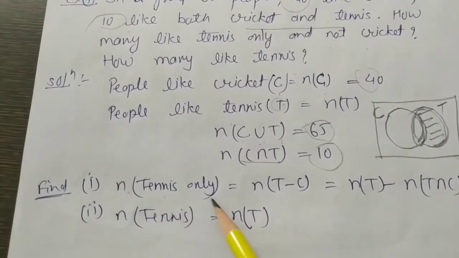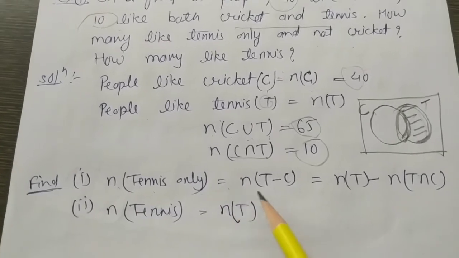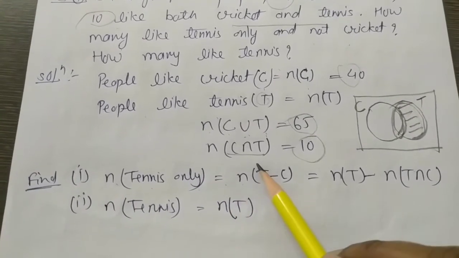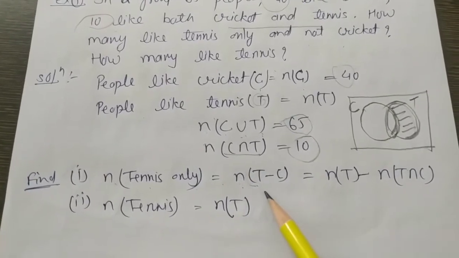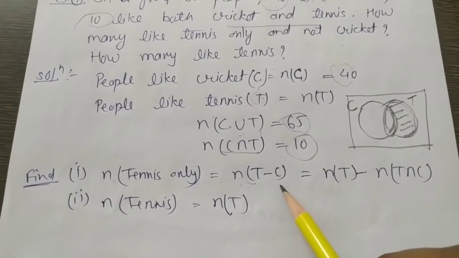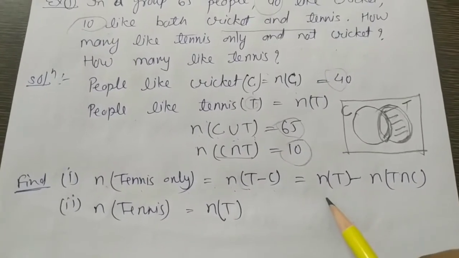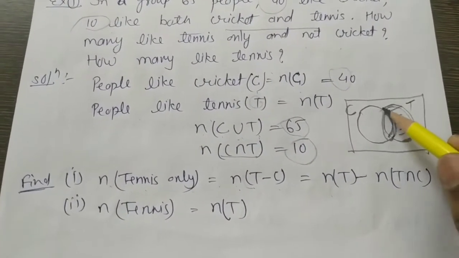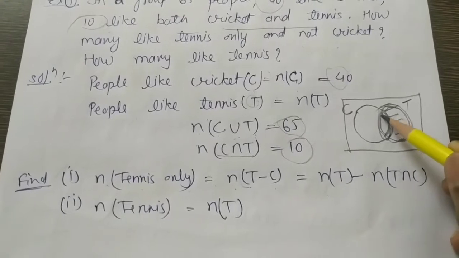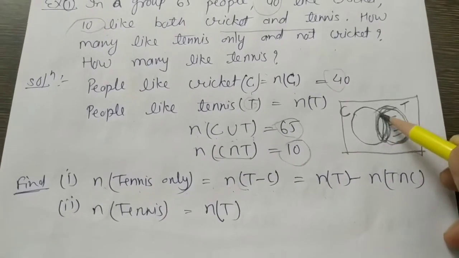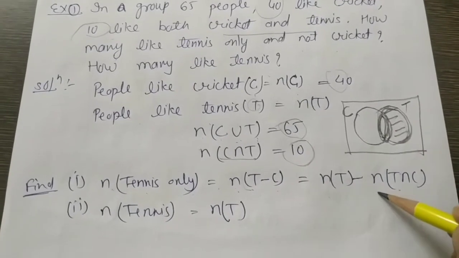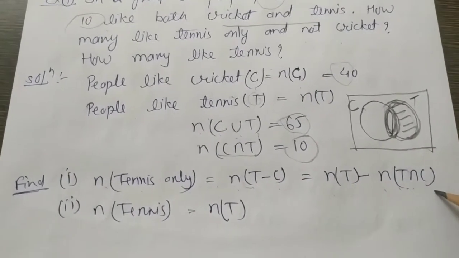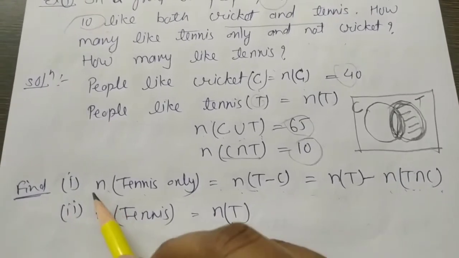The number of people who like tennis only will be given as the number of elements in set T minus C. Or we can write the number of elements in T, and we have to subtract this part only. This is T intersection C, the number of elements in T intersection C. First we have to find this.